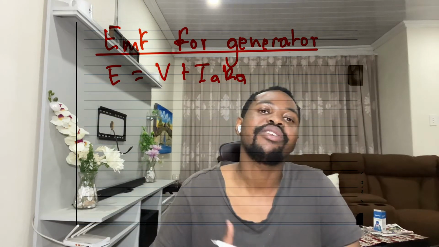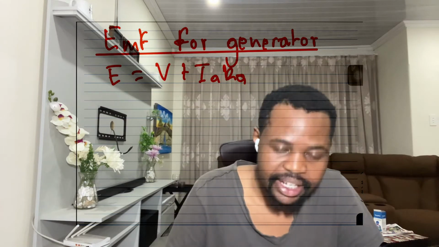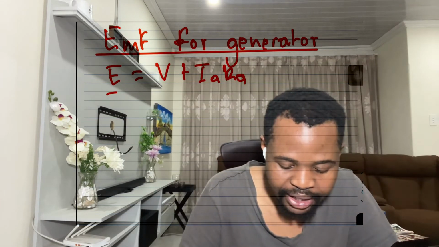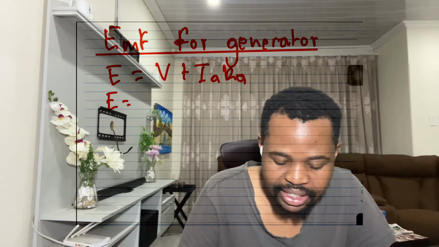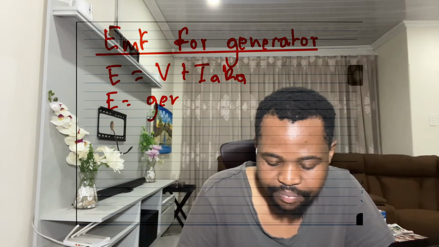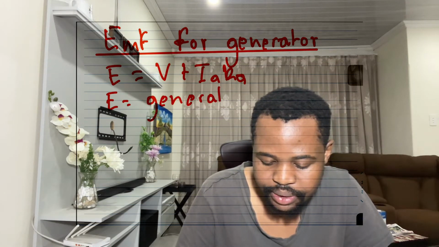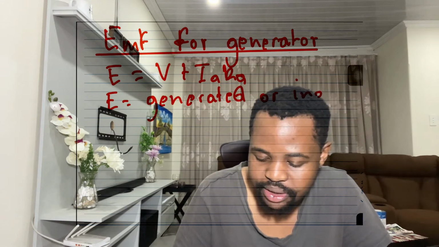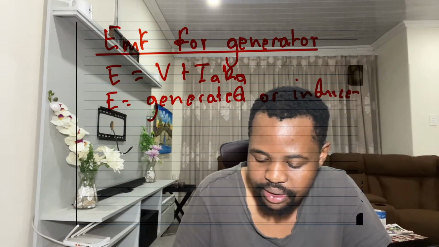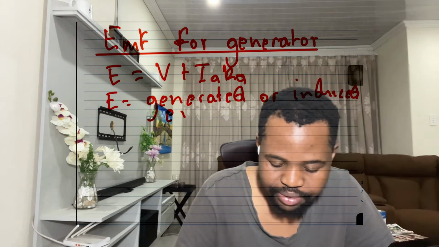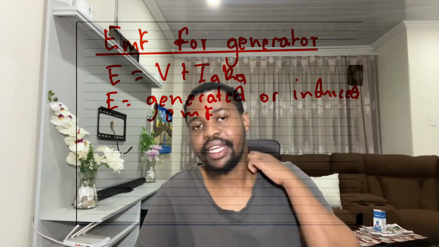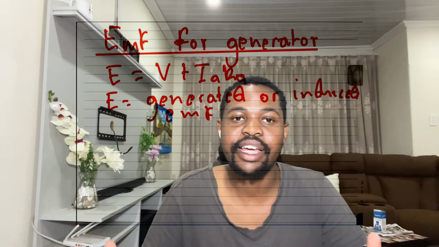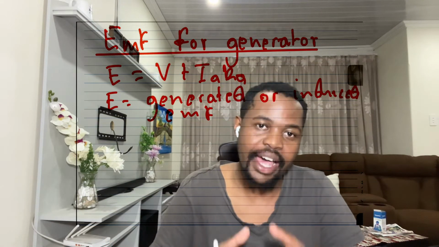In case of a generator, E is basically the generated, or you say the induced EMF. That is the voltage that we generated in the armature.